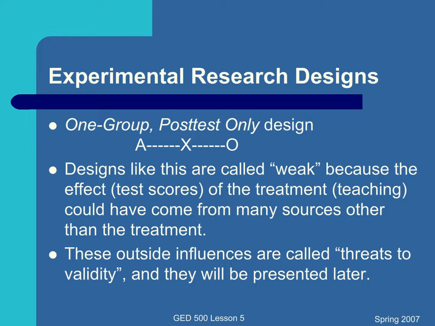Some of them might have prepared study guides at home. Somebody might have had parental help. Somebody might have had a tutor. There might be some accommodations in the classroom. So there's a variety of influences on that particular treatment, and that's called threat to validity. So the threat to validity makes this a weak design. There's a lot of other sources that could have caused this to happen.